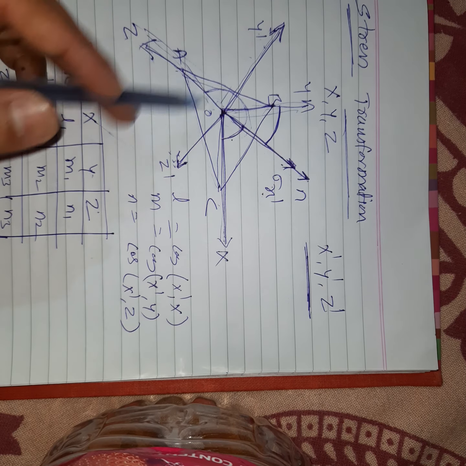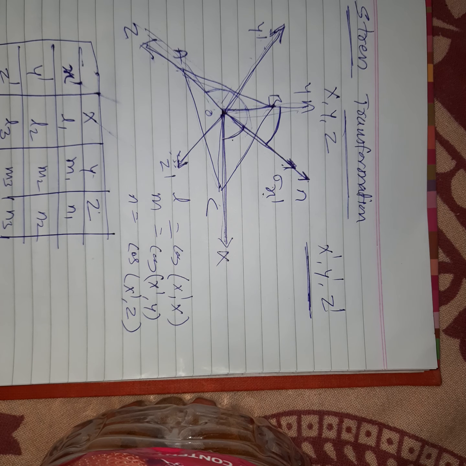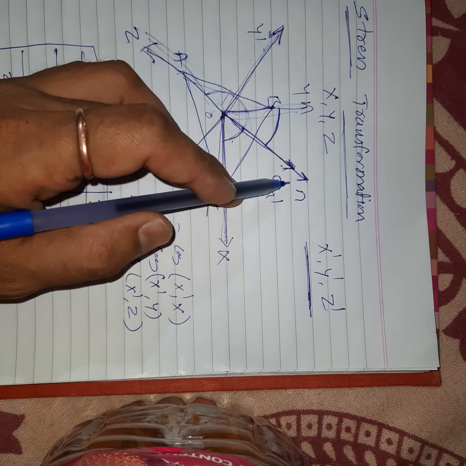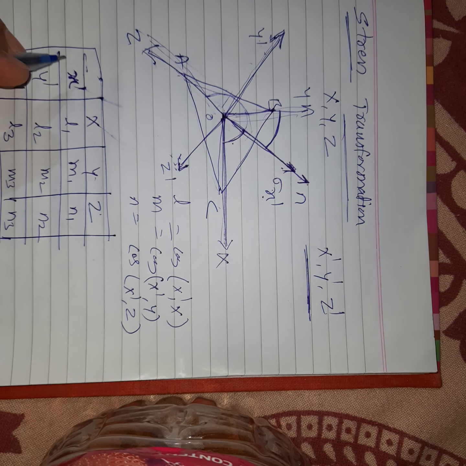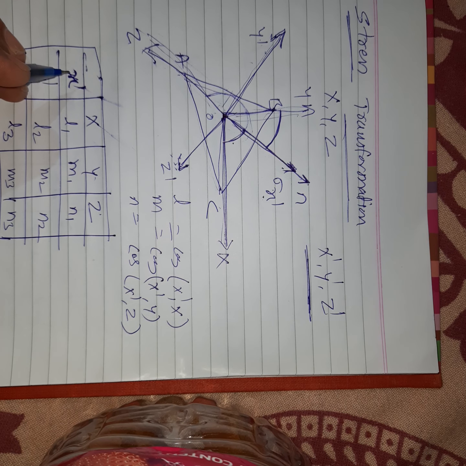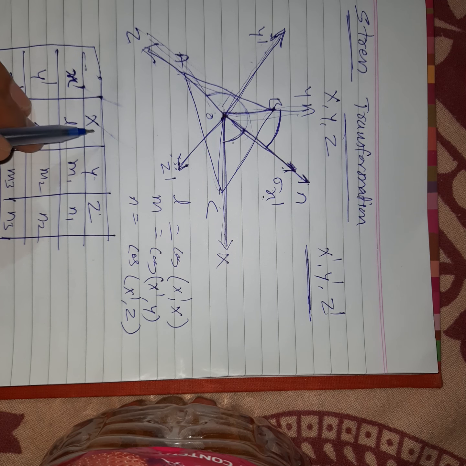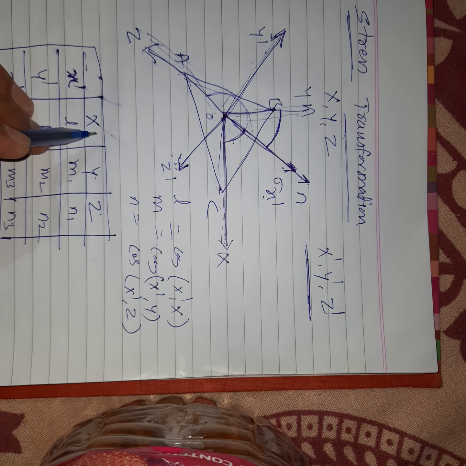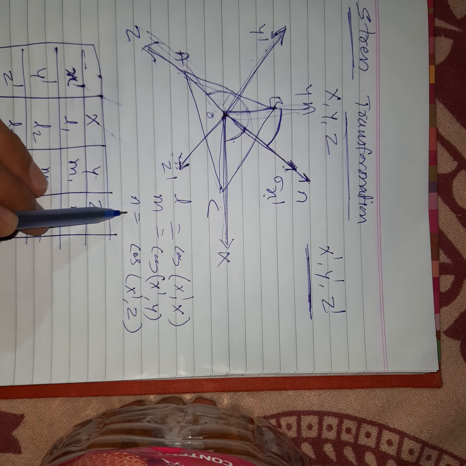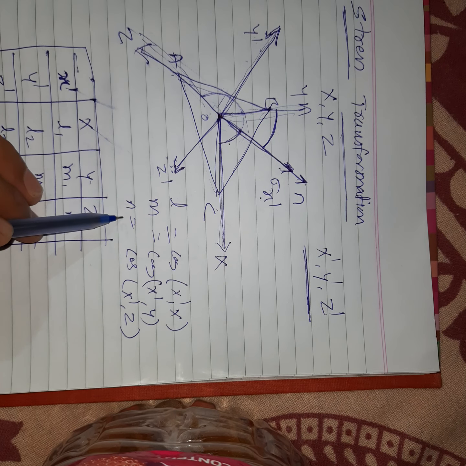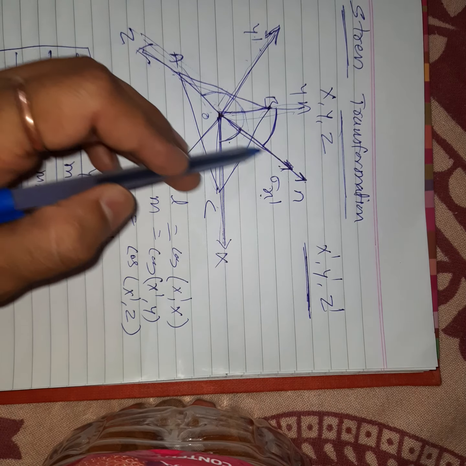If I have to calculate the stress components on this new oblique plane, for that I have to calculate the new direction cosines l, m, n. So what will be the new direction cosines with respect to this oblique plane?